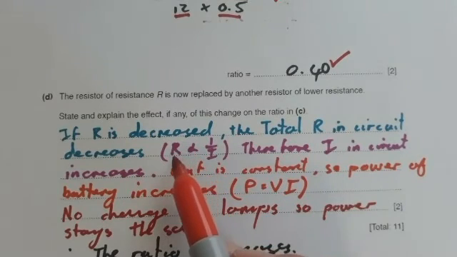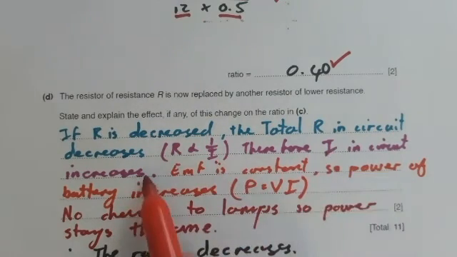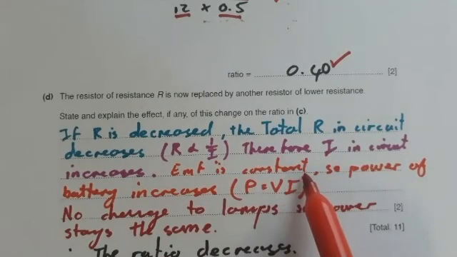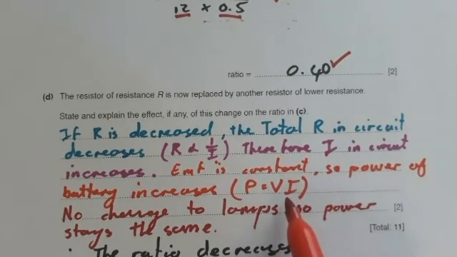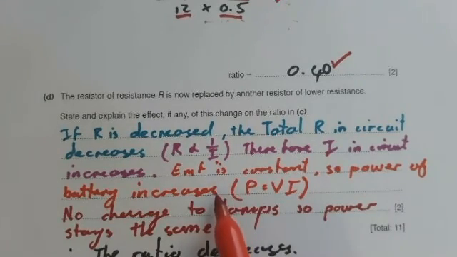If my total resistance decreases, it's inversely proportional to my current, therefore my current would increase. Again, EMF is constant, but because we're using power VI, my V stays constant, I is going to increase, my main current is going to increase. That increases the power dissipated or produced by my battery.